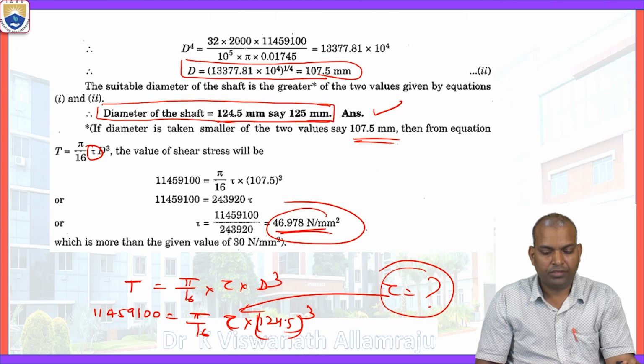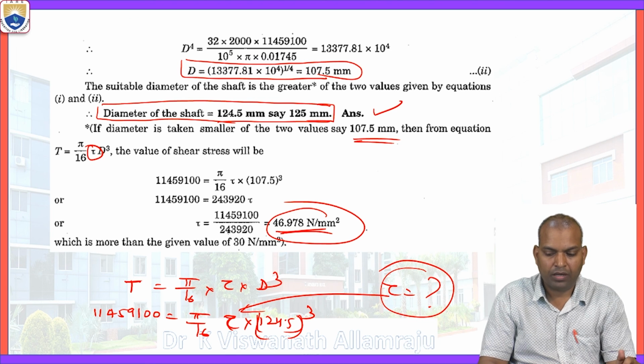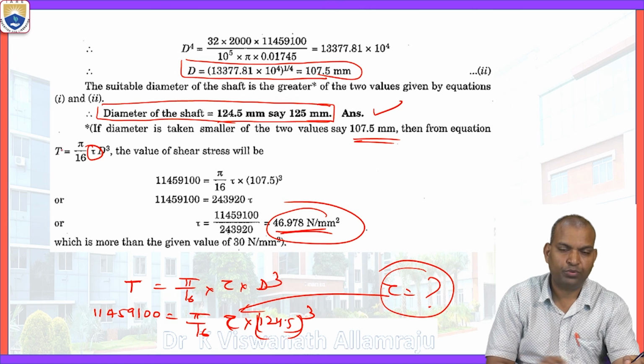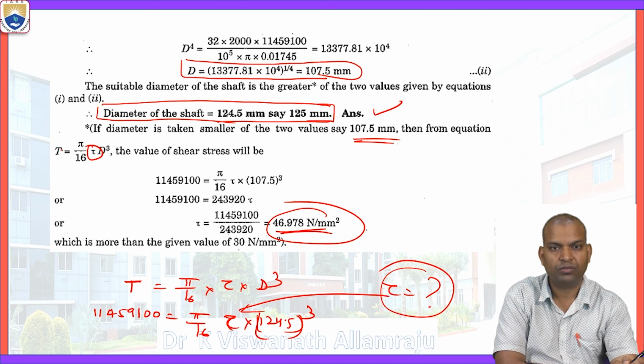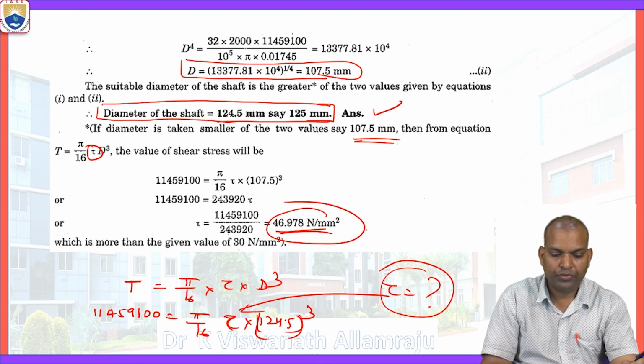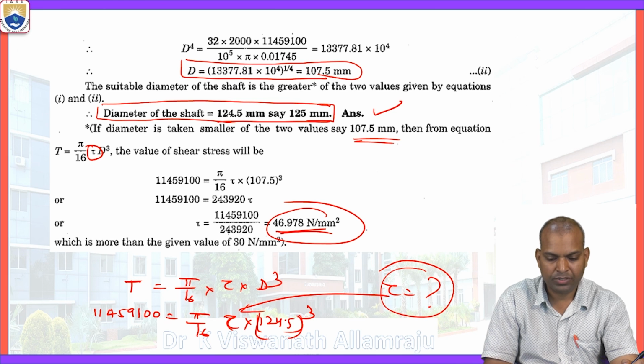So in this session we have covered what a polar section modulus is, and we have expressed the torque in terms of the polar moment of inertia value, that is J, that we have derived. That's the pure torsion formula, T by J equal to tau by R equal to C theta by L or G theta by L. So we learned how to apply those formulae while solving problems.